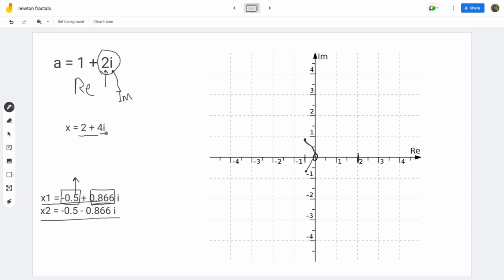And 4 is the imaginary part, so I could just put 4 over here somewhere. So that's where my number exists on the complex plane, and Newton fractals exist on the complex plane. Now before we go on to make a Newton fractal, we're going to have to learn about Newton's method and how that is used to find these roots. So let's get right into it.